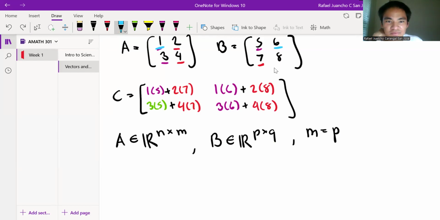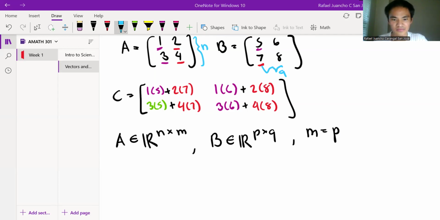The number of columns of A, does it have to be equal to the number of, no, I'm kidding. The number of rows. So what I'm asking is, should the number of rows here be equal to the columns of this guy? So this is Q, I believe.